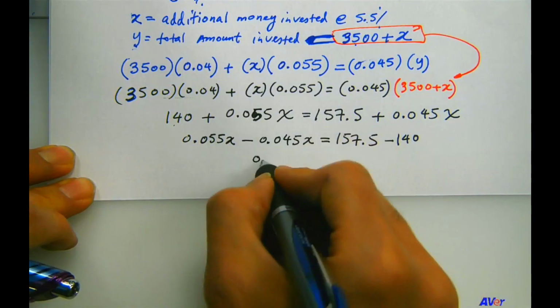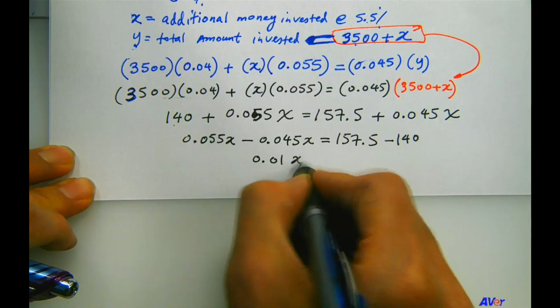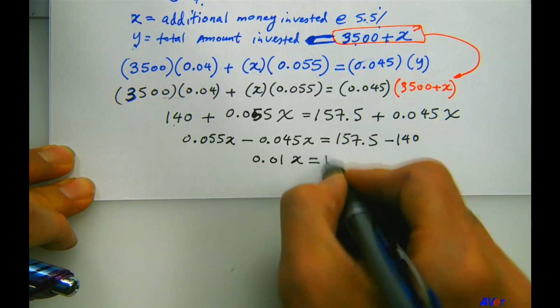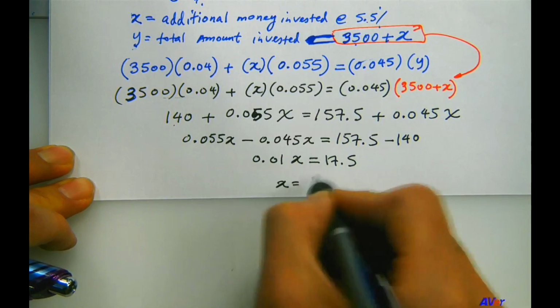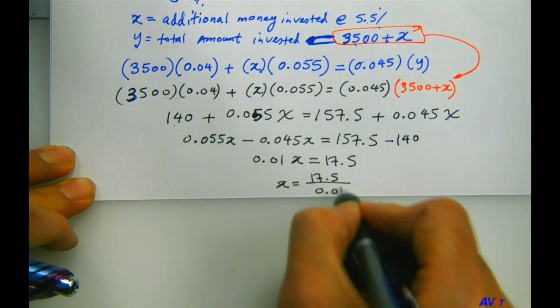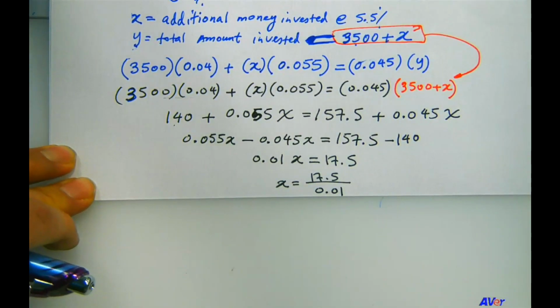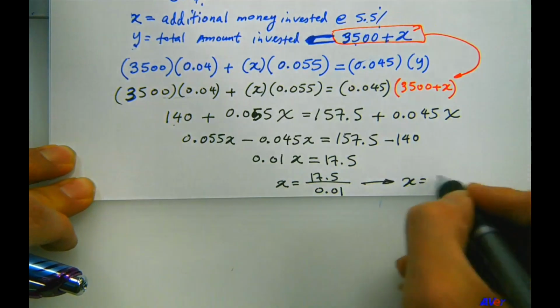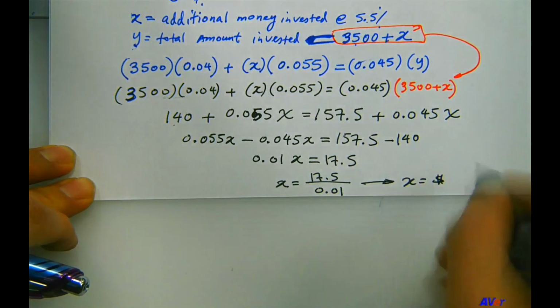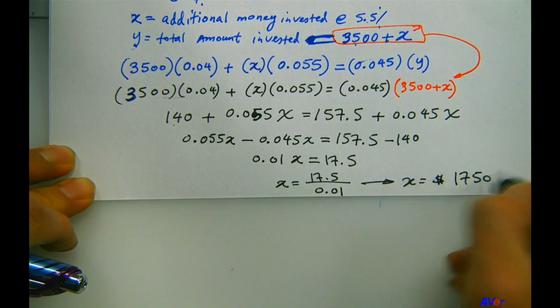On the left, we have 0.01x. On the right, we have 17.5. And then x is 17.5 divided by 0.01. And so x is equal to $1,750.